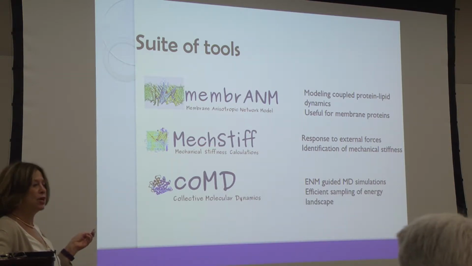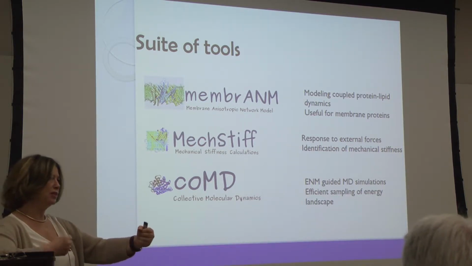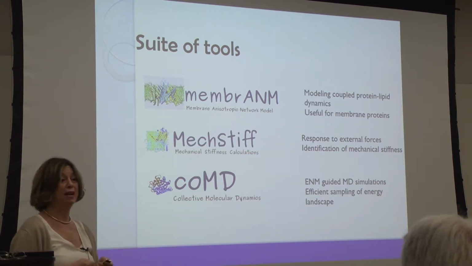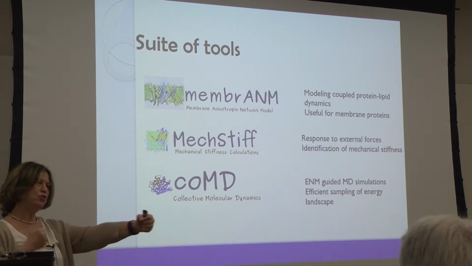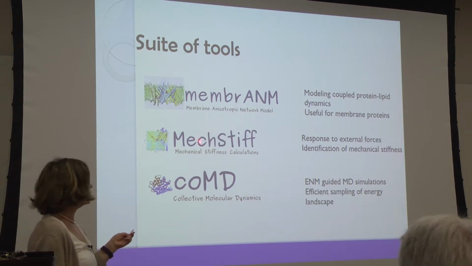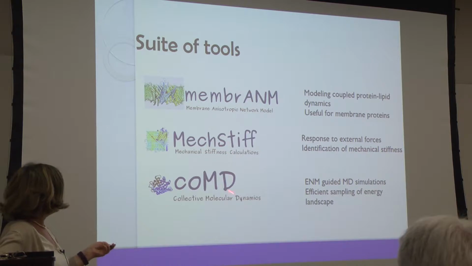Carolina, another postdoc, will talk about that. We'll show you some examples in the afternoon. The major utility would be to understand the mechanical stiffness, like in AFM, atomic force microscopy experiments. When you try to pull apart, let's say, two residues, what is the response? So you can relate this to single molecule measurements.